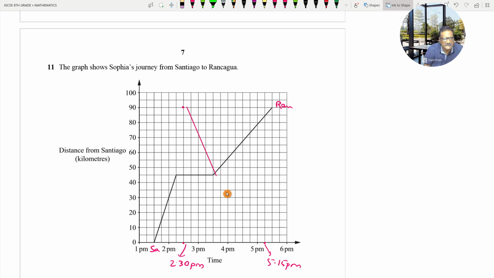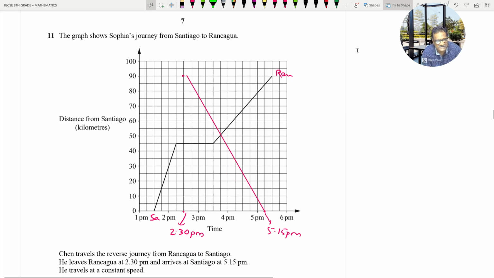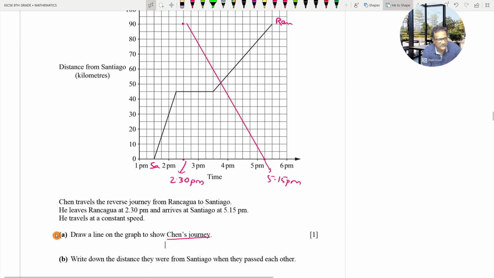This will be roughly the graph. It will come to 5:15, and it will start from here. Now I'm not good at this, but this point should start from here. So this will be the straight line graph. Now that is the answer for your A part of the question: draw a line on the graph to show the journey.